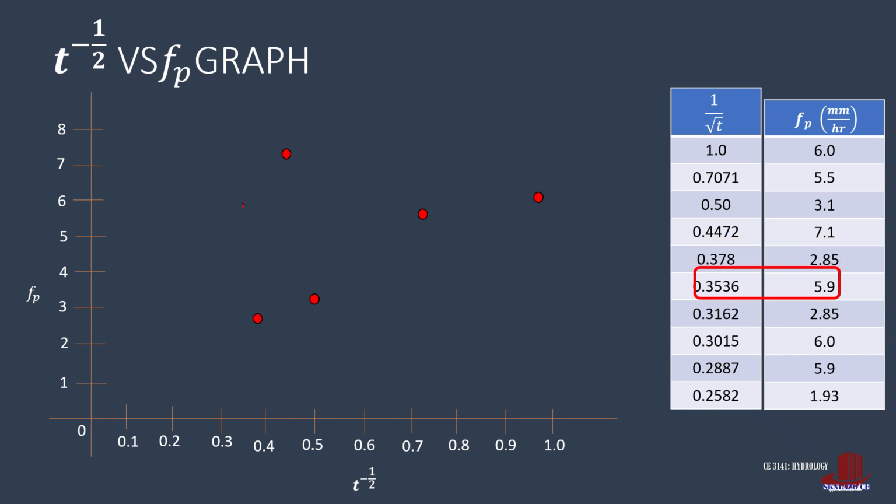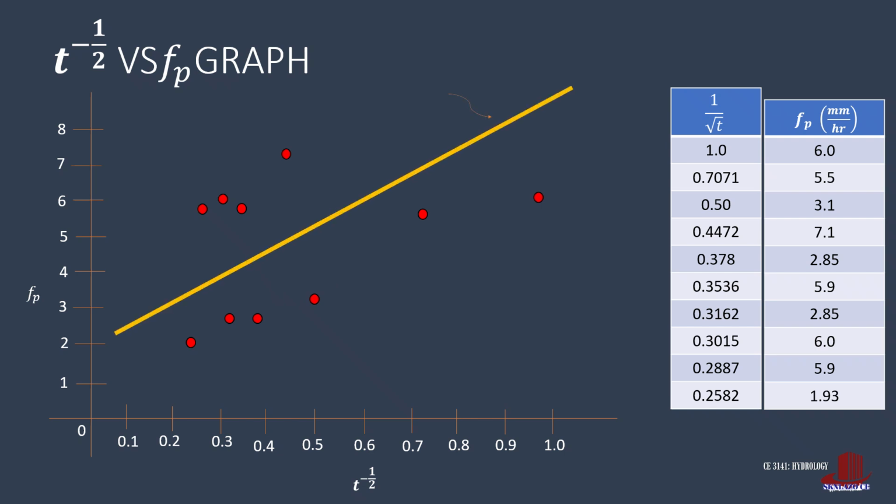Then also 0.3536 with 5.9. The next point is at 0.3162 and 2.85, followed by 0.3015 and 6. Then the last point has 0.2887 with 5.9 and 0.2582 with 1.93. The points are scattered, but what we are to take is the best fit line.